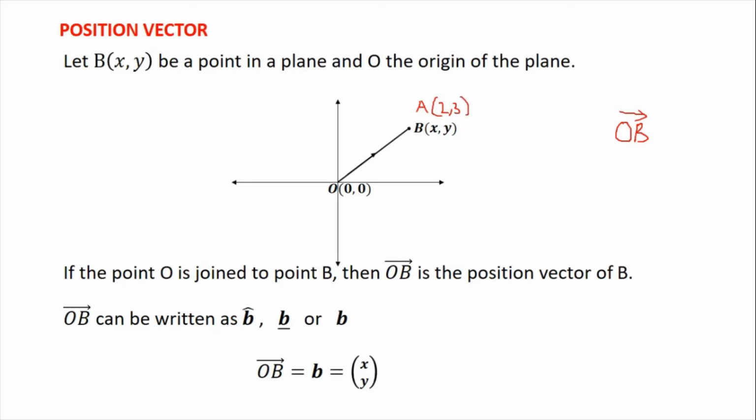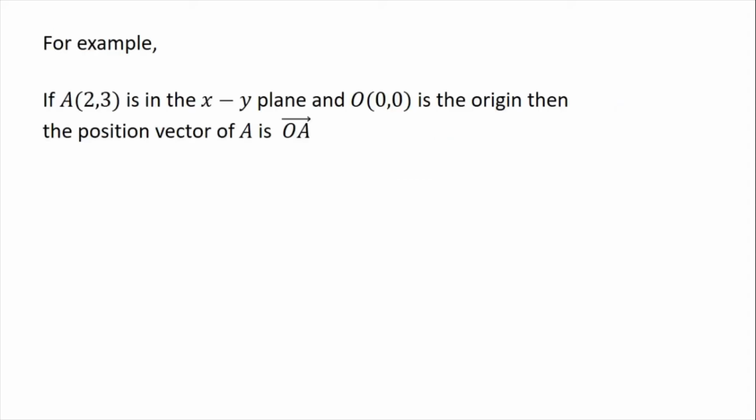We have joined point O to point A, so this is the vector. When you do that, you create a new vector called OA. This new vector OA is referred to as the position vector of A. I hope that is clear.